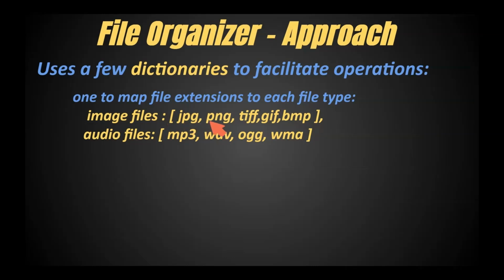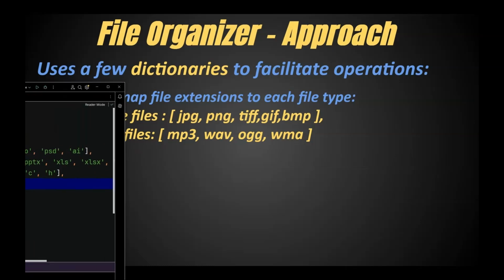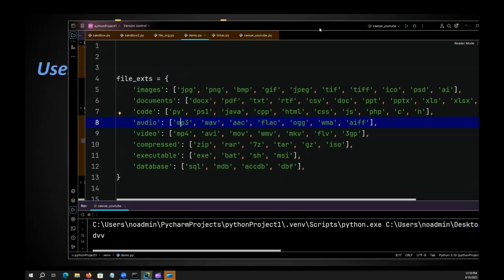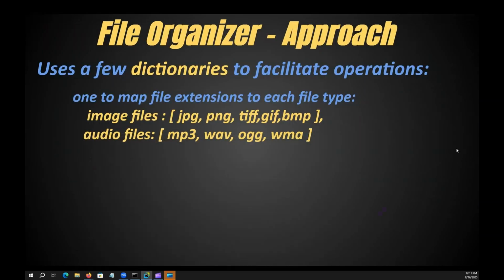So like JPG, PNG and so on are image files, MP3 and WAV are audio files. I'll take a second to show you the actual dictionary I'm going to use for this. It's got a string key and a list of strings for the value, mapping many file extensions to one type under one heading.